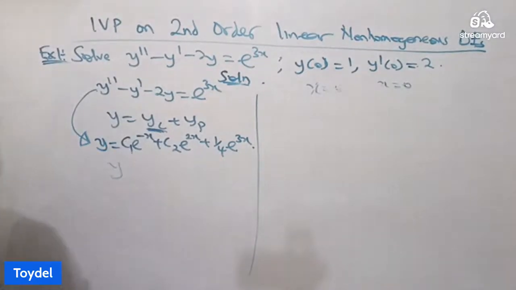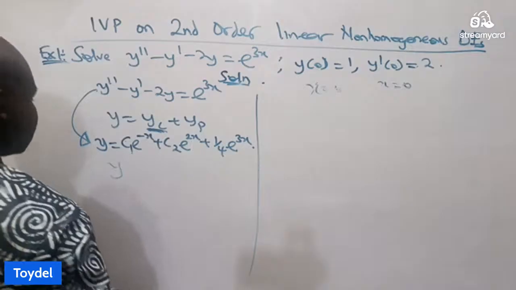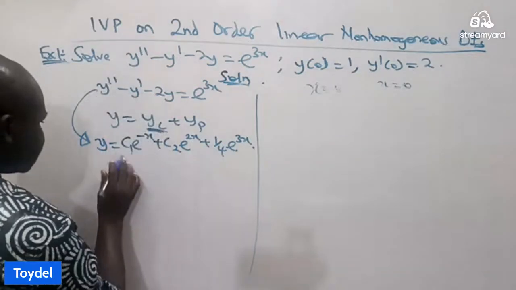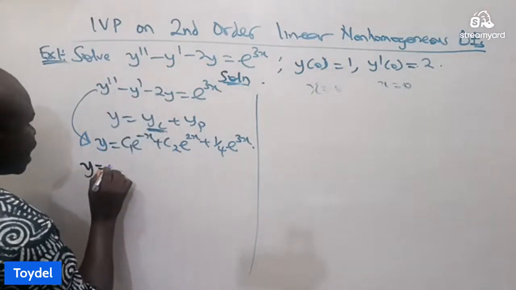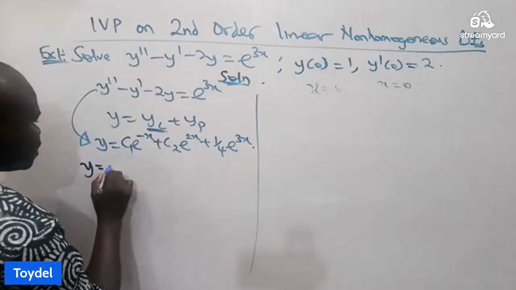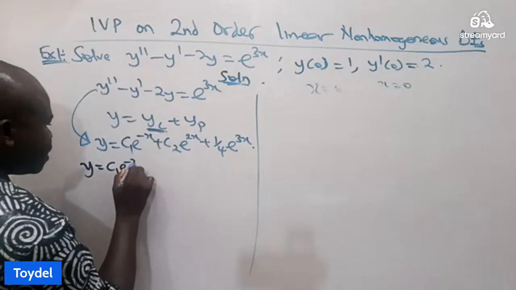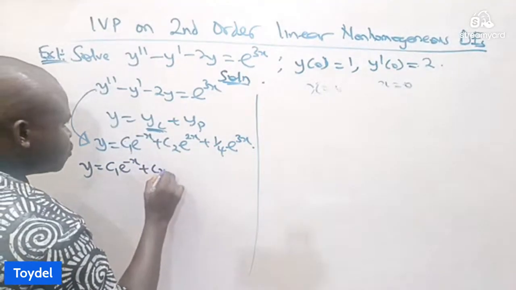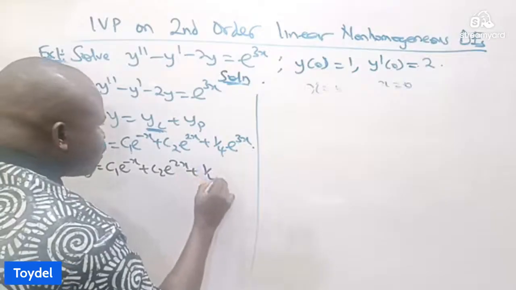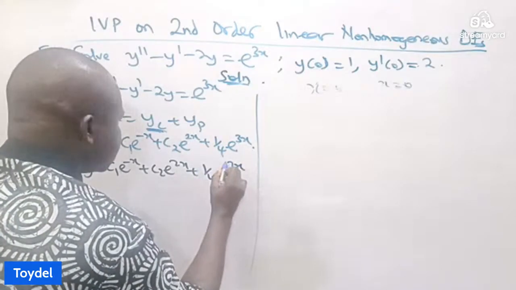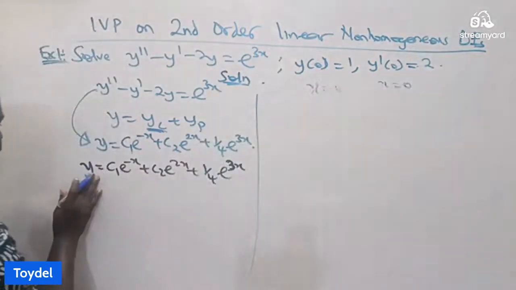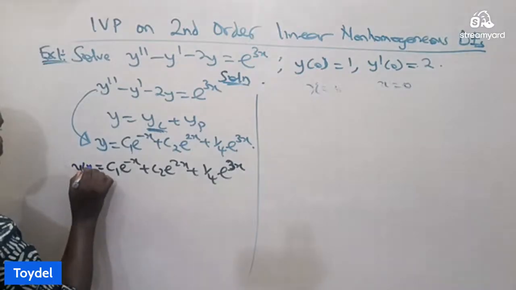What is y? Y is given as c1 exponential minus x plus c2 exponential 2x plus 1/4 exponential 3x. So what is y of 0? This y is the same thing as y of x.